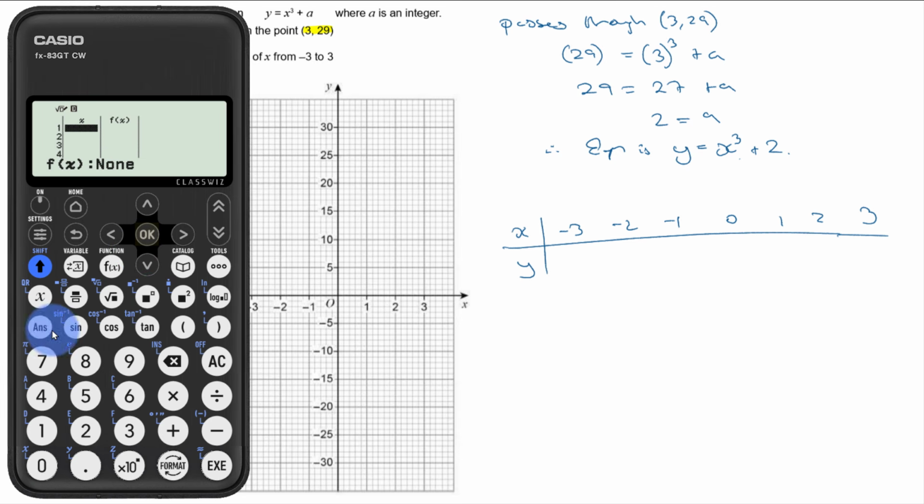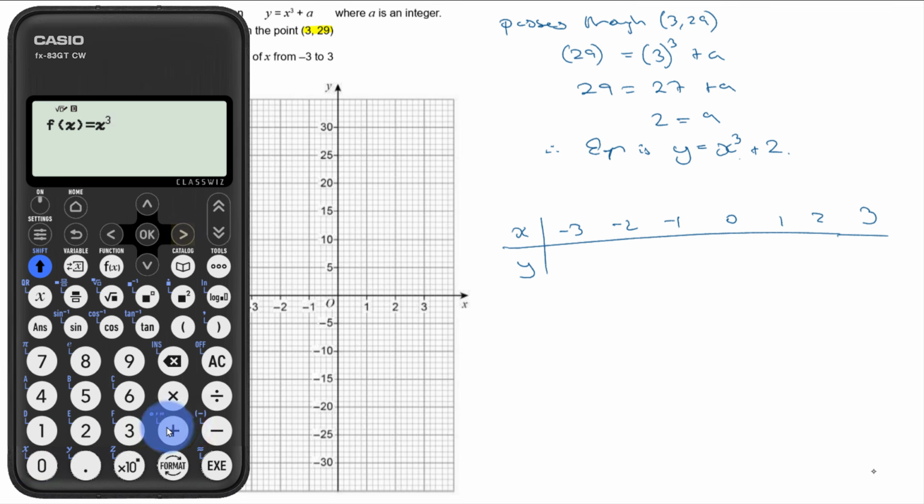Once I'm in the table function, I'm going to press the tools button and then put in the table range. My table starts at -3 and goes up to 3, and I'm going up in steps of 1. You can see now my numbers in the x column are populated. Now I need my f of x value, don't I? So I'm going to press the tools button again, and define f of x, g of x. I just want f of x for this one, and I'm going to type in the function x cubed plus 2.